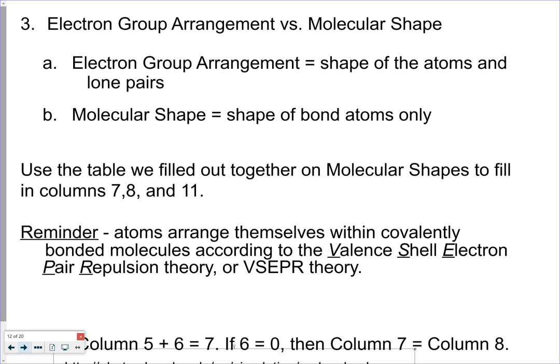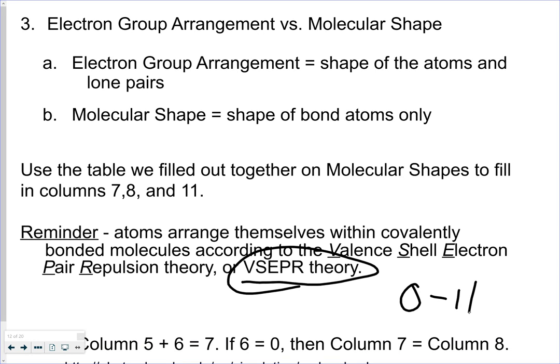So, what really does it show? Well, the big thing that we want to know is VSEPR theory. VSEPR theory is the valence shell electron pair repulsion theory. What it tells you is that, when we have water, for example, and it has these two lone pairs, think about it.